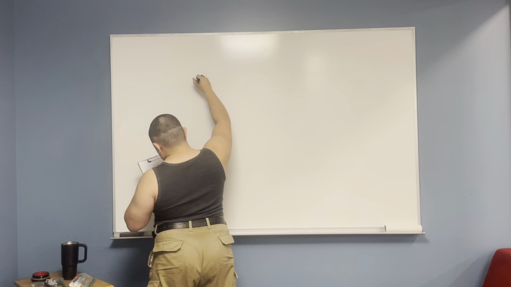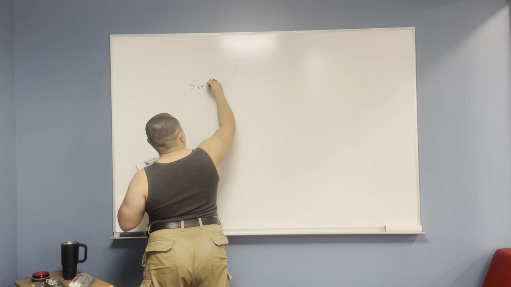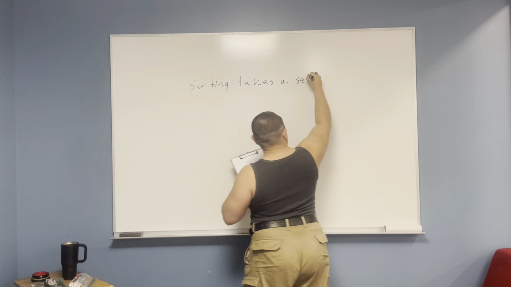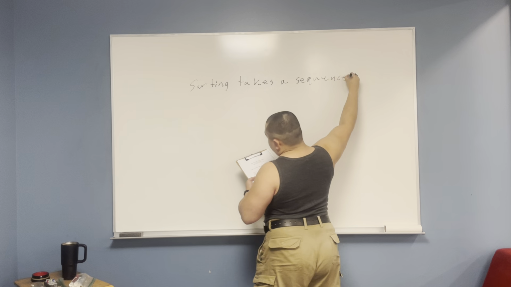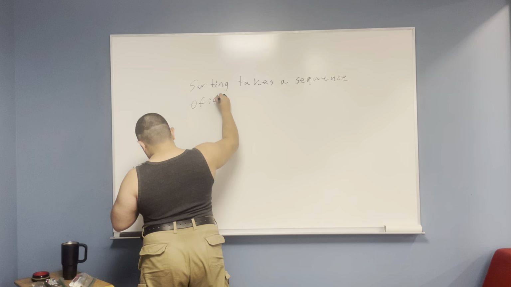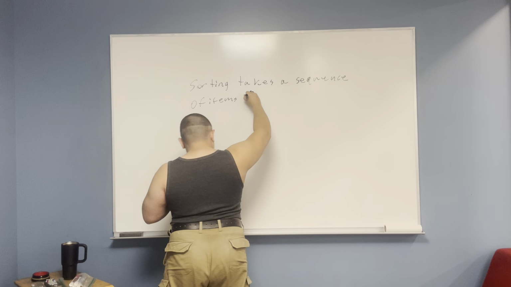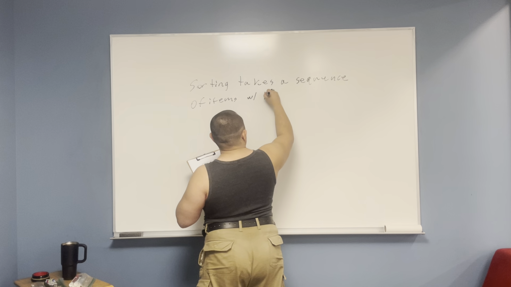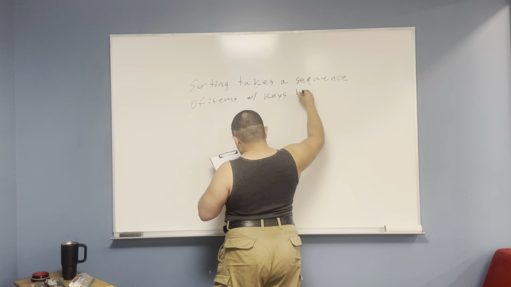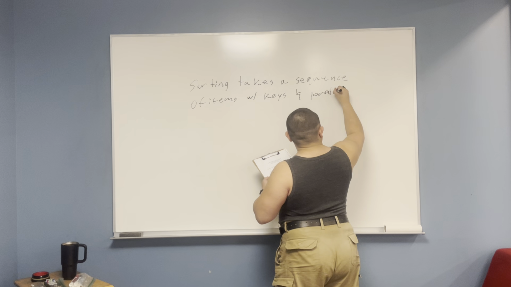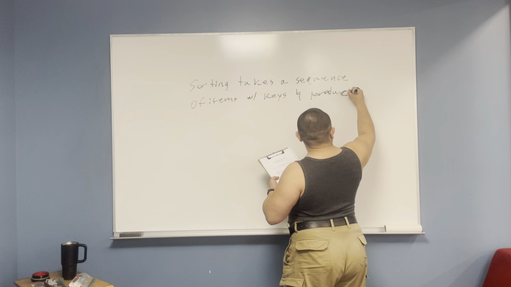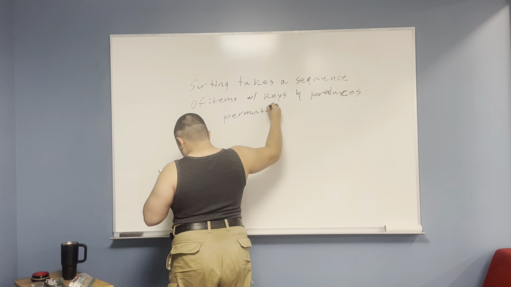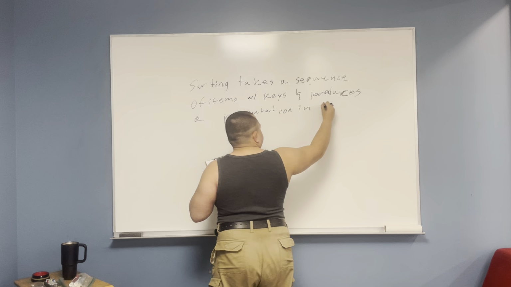So, sorting takes a sequence of items with keys and produces a permutation in non-decreasing order.